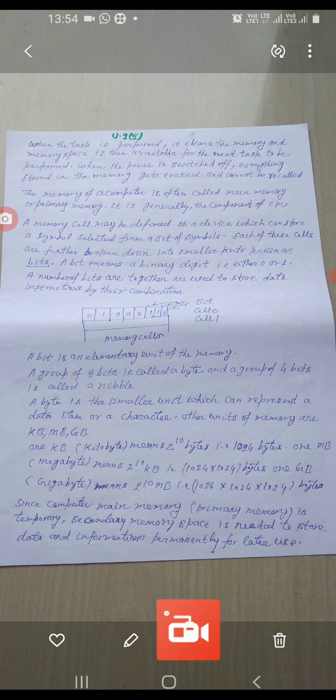Now a bit is an elementary unit of the memory. This is important. What is the elementary unit of the memory?